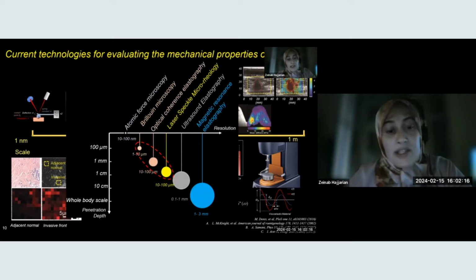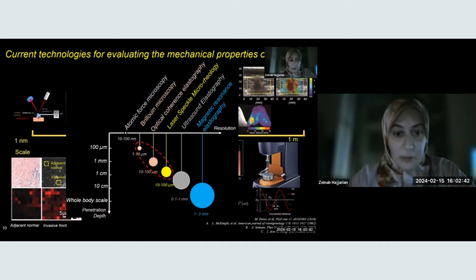And here's where optics come into play, because optical techniques bridge the gap between these two spectrums of technology and provide both a larger imaging field of view and the resolution, because of the proximity of optical wavelengths to length scales of interest in measuring mechanical properties. There have been efforts to develop different optical elastography modalities that measure mechanical properties at scales perceived by cells.